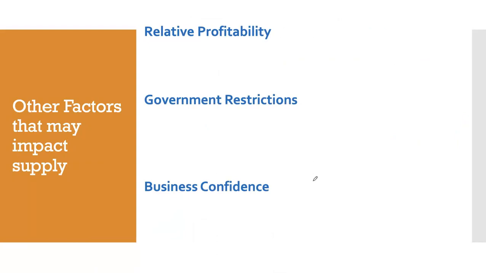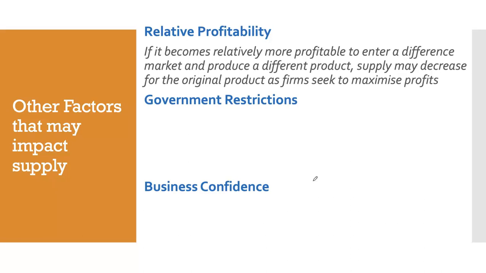Now, other factors that may impact supply are things like relative profitability. If it becomes relatively more profitable to enter a different market and produce a different product, supply might decrease. Now, that's going to be dependent on how good the supplier is at changing.